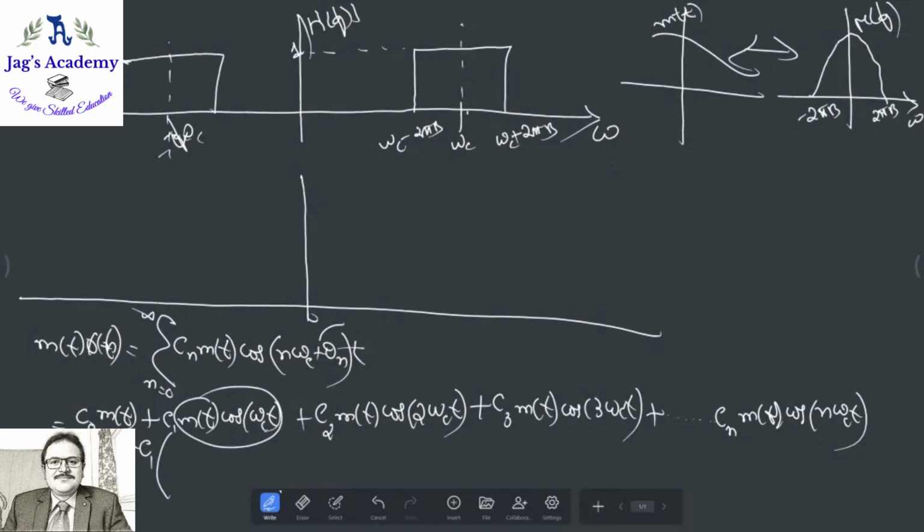What is the Fourier transform of this? M of f. Okay, I'll go for omega, not f, omega, okay? This is M of omega. I'm going for omega now, okay? Because everything is in omega. Fine. Now, what is the spectrum of this? M of omega minus omega c plus M of omega plus omega c, yes or no?